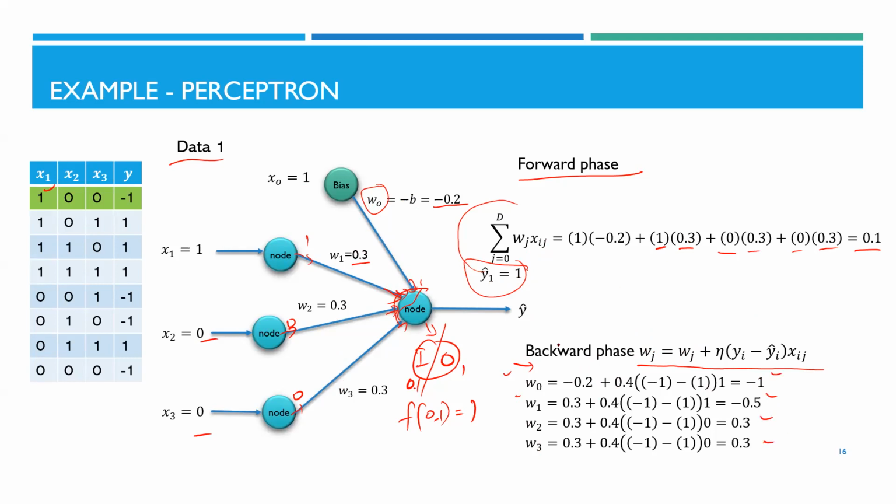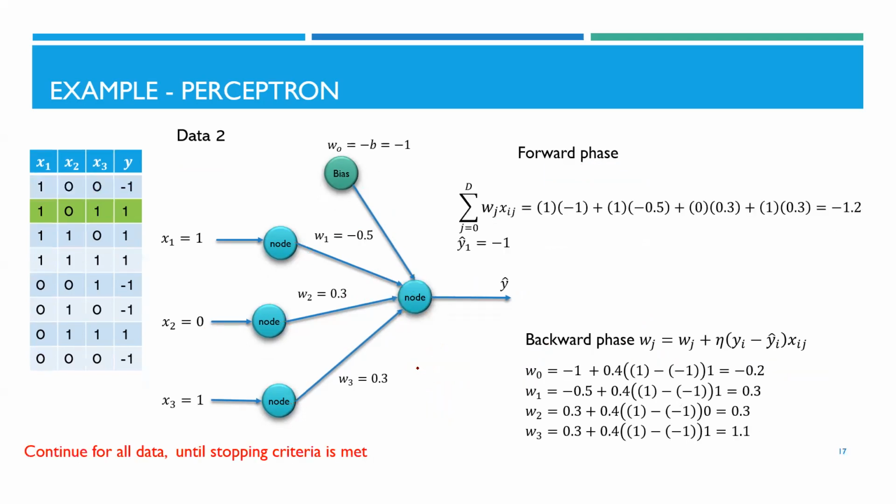For example, the new weight W0 here will be minus 1, this one will be minus 0.5, and this one will be 0.3, 0.3. So here are the new weights: minus 1, minus 0.5, 0.3, 0.3.